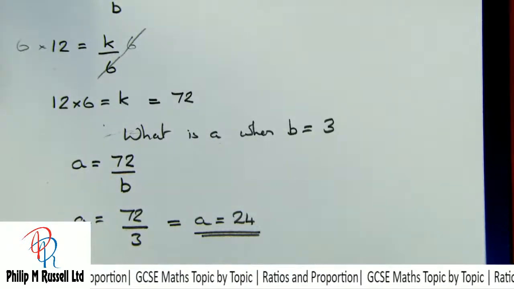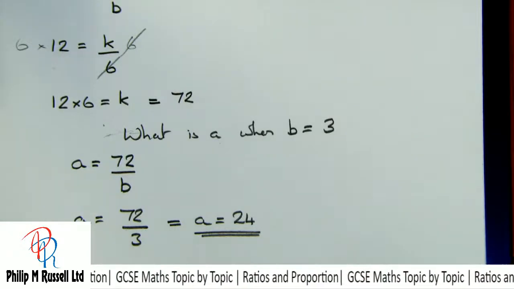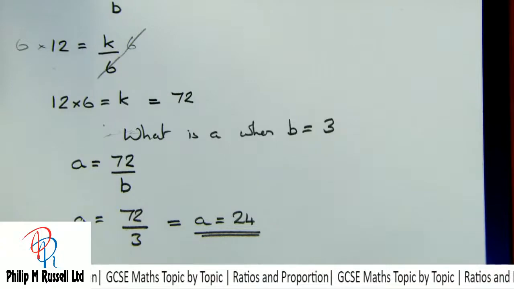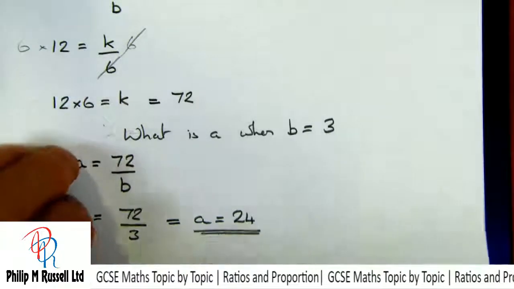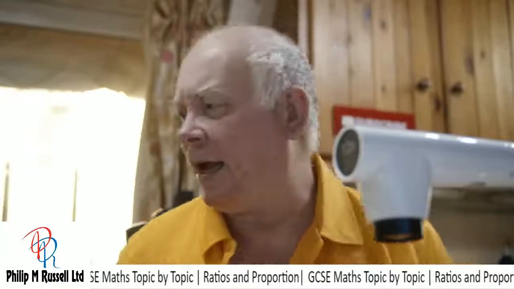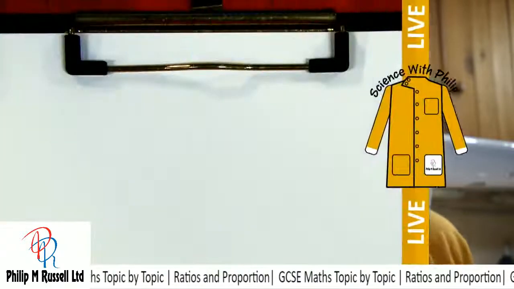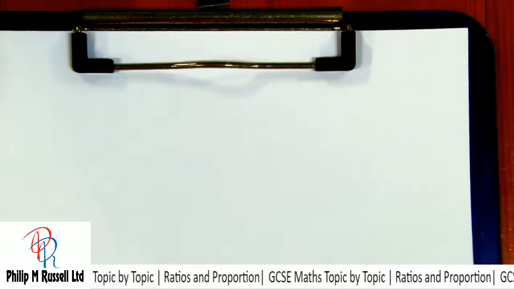Which gives me indirect proportion, or inverse proportion. This causes, I know, a lot of problems for students, and this one is a typical type of problem that we would get. So we might get something like this.